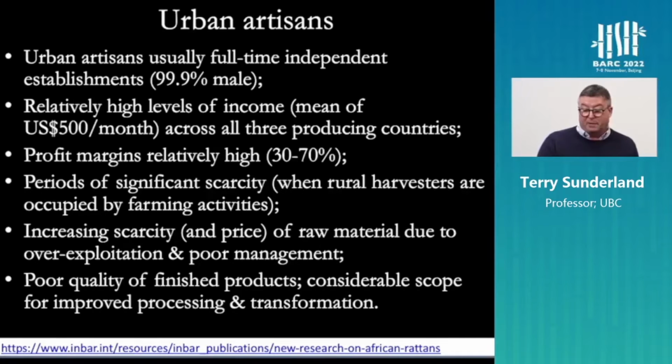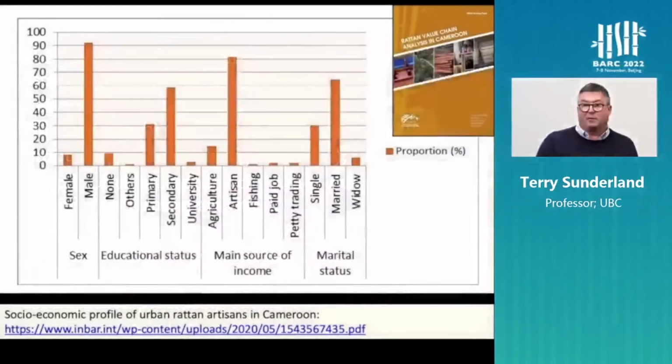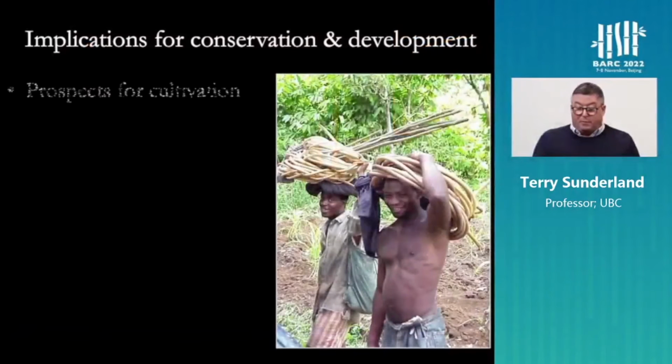There's a relatively poor quality of the finished products and considerable scope for improved processing and rattan transformation. The educational status and sector, you see there, is primarily male-dominated activity. Most of the artisans have been to secondary school at least, and as an urban artisan, it's usually your main form of income.